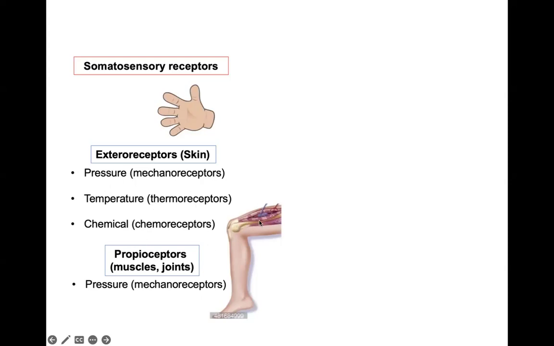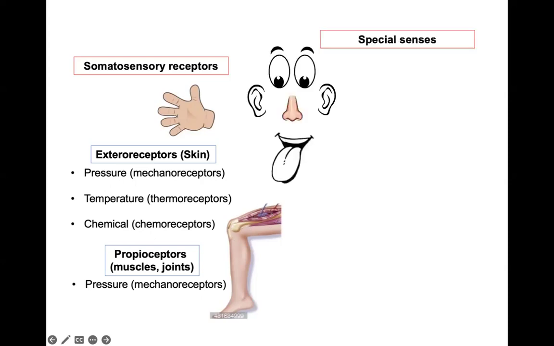Proprioceptors also, the receptors in a muscle, in joint, in tendon, those are mechanoreceptors. For the special sense, for the light, what are they called, anyone? Photoreceptors, right? For the light. Sound, what kind of receptor?